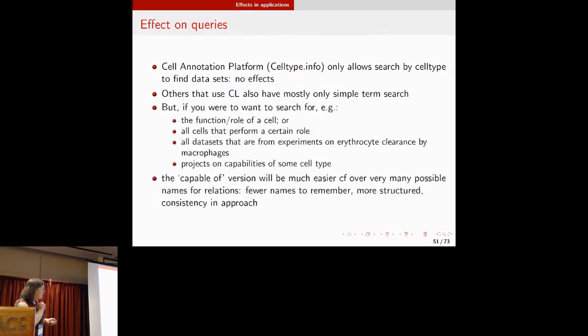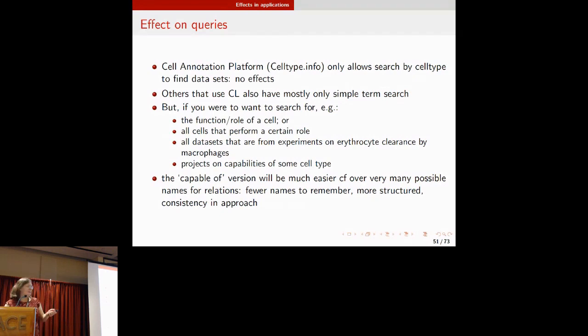But if you would want to do more advanced searches that you can do with the ontology, like the function or the role of a specific cell, the data sets for an experiment or on erythrocyte clearance, for instance, by macrophages, those questions you can formulate with the ontology.